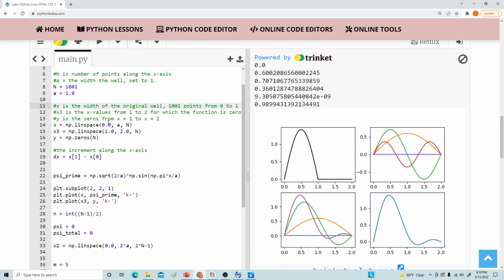And so what that means is that my increment here is going to be 0.001, because the first indexed element is going to be 0.001. The 0th indexed element is going to be 0.0.